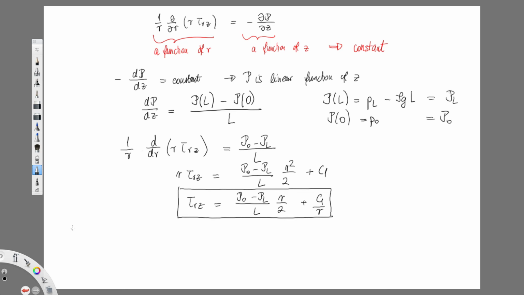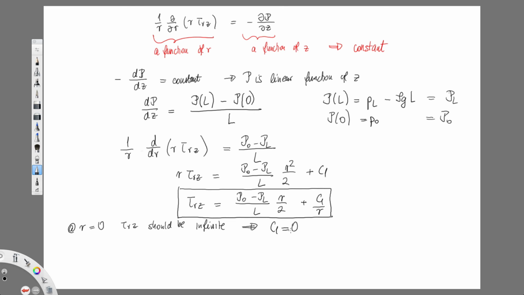So at R equal to 0, tau RZ should not be infinite. So this is not even a boundary condition. Is this realistic for this type of situation? So C1 should be equal to 0.